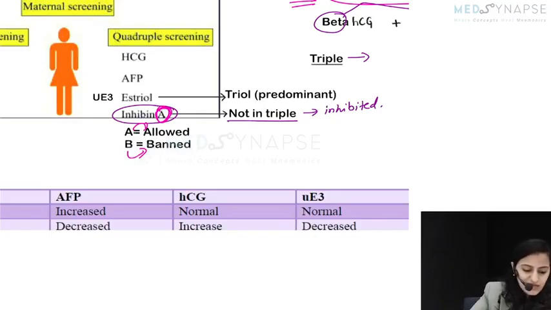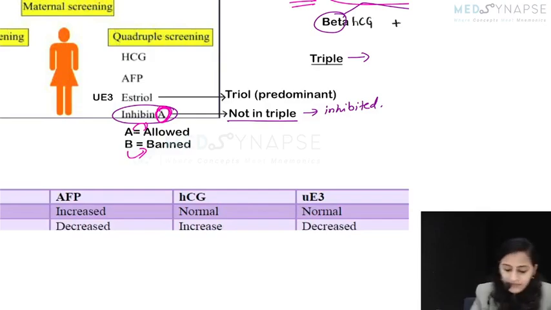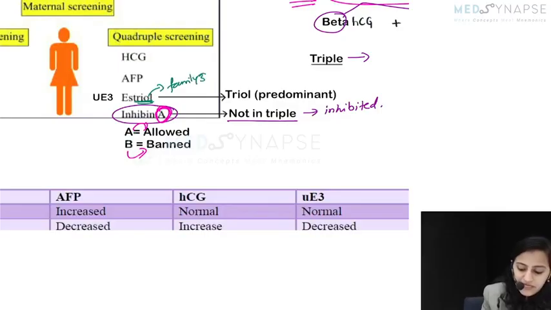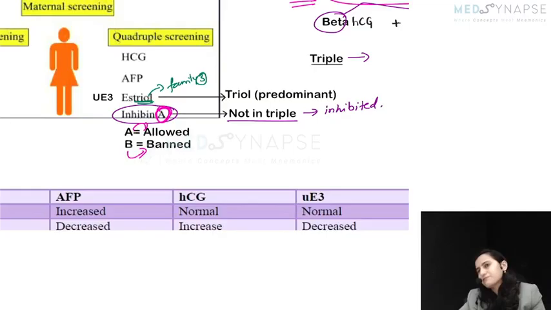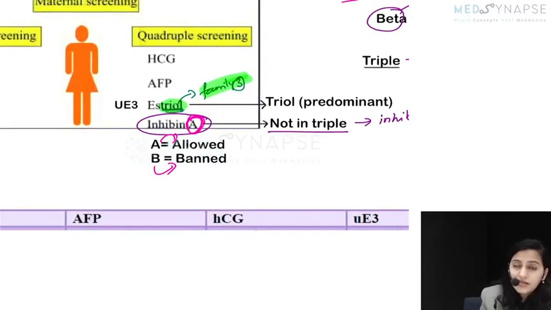The estrogen that you measure in the triple or quadruple test is estrone, estradiol or estriol? It is estriol. Remember now, the family is basically of three: the mother, the father and the baby. So in pregnancy the predominant estrogen is estriol, not estradiol. It is conjugated, unconjugated.